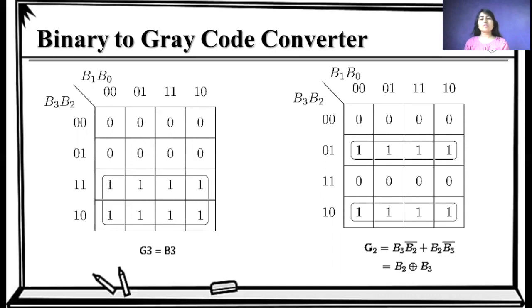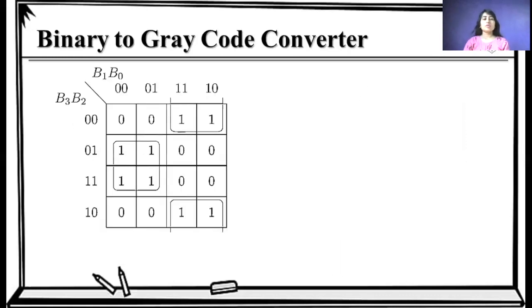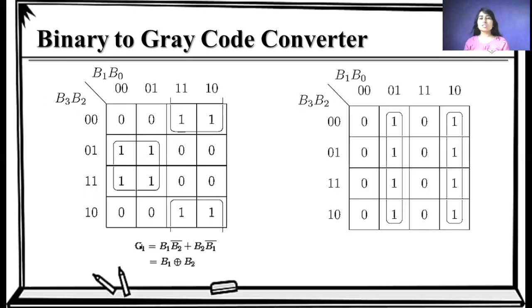Then for G1, here is the K-map and we have the equation G1 equals B1 B2 bar plus B2 B1 dash, which is B1 XOR B2. Then for G0, here we have the K-map and G0 equals B0 B1 bar plus B1 B0 bar, so we have the equation B0 XOR B1.